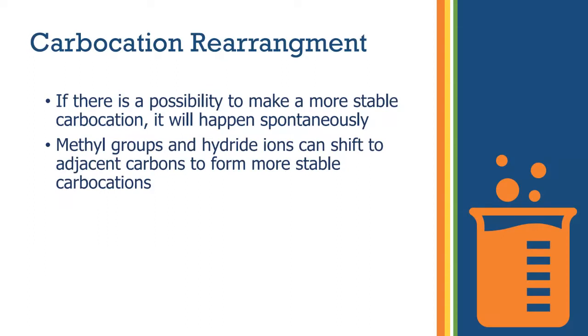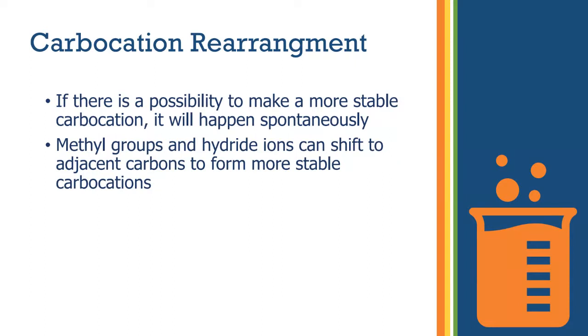So last thing, if everyone's still with me, carbocation rearrangement. So this happens in both SN1 and E1 reactions. So if there's a possibility to make a more stable carbocation, it will happen spontaneously, okay?